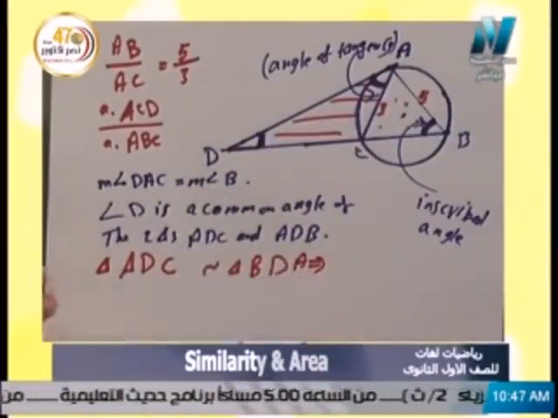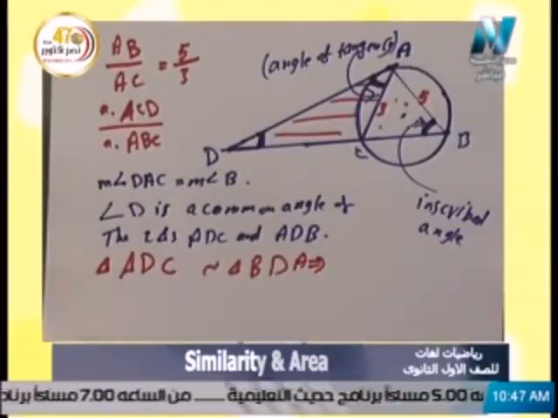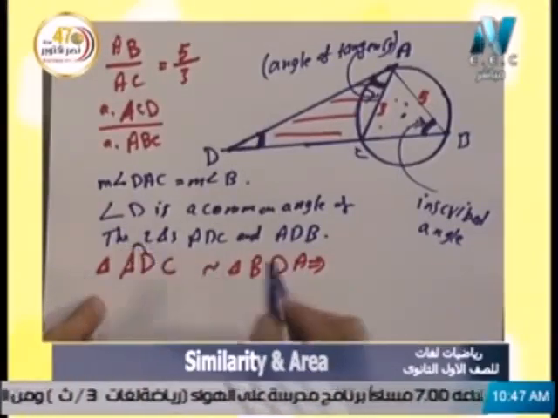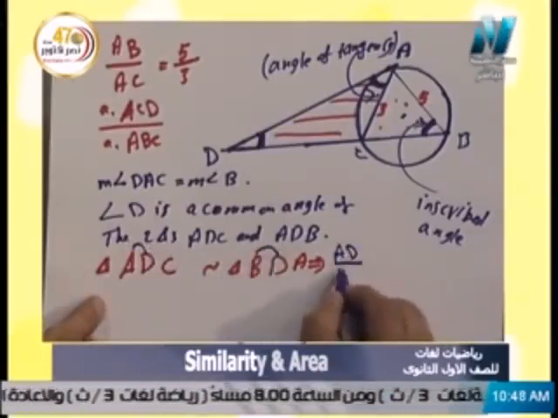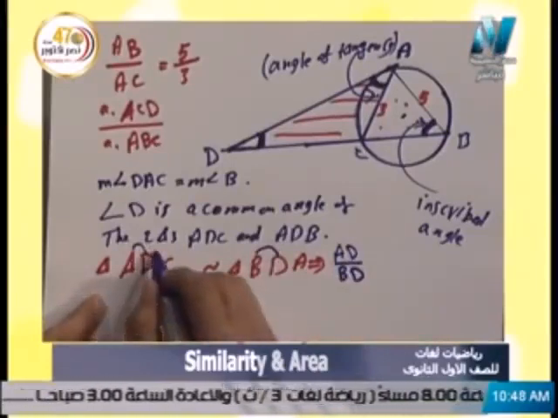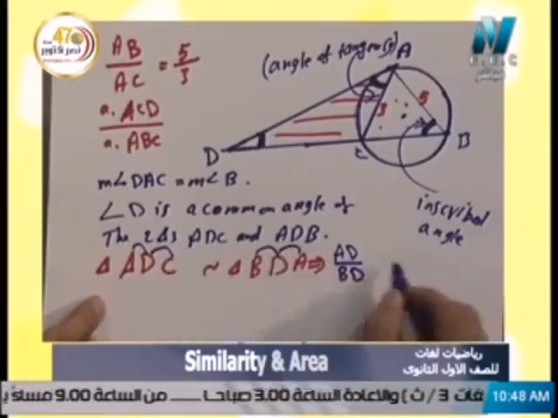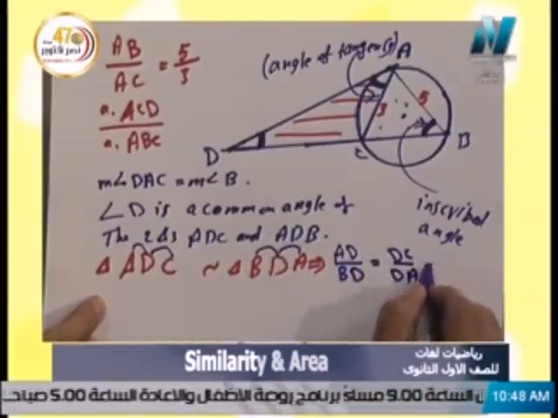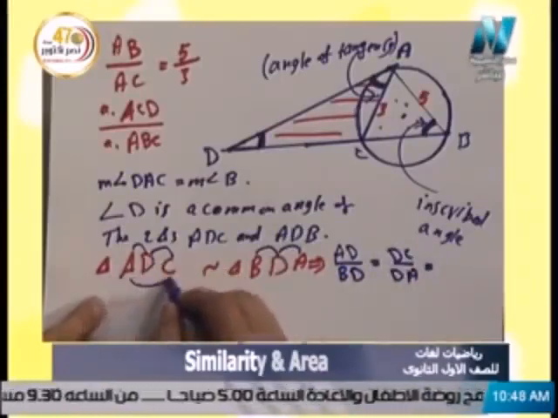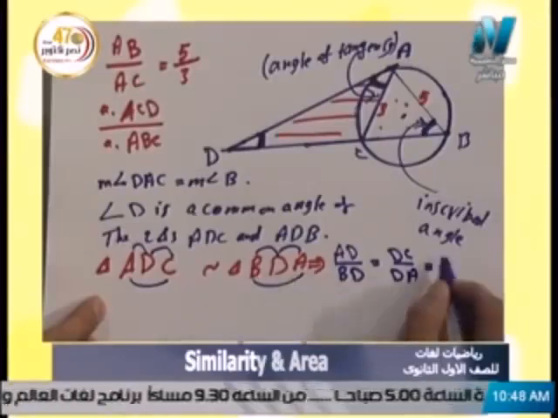And we can deduce that the ratio between these sides equals AD over BD equals DC over DA equals AC over BA.